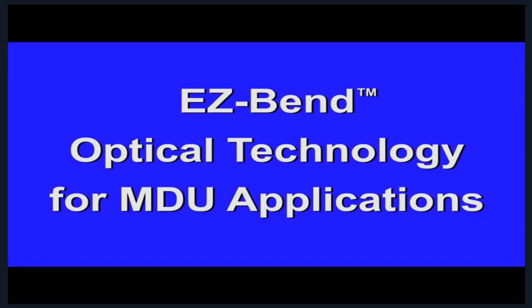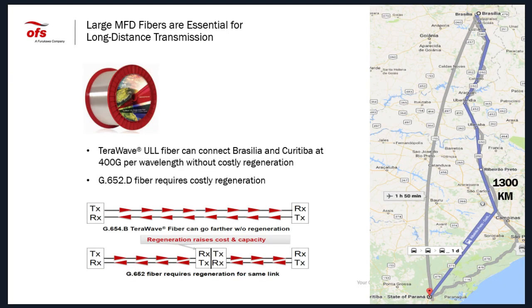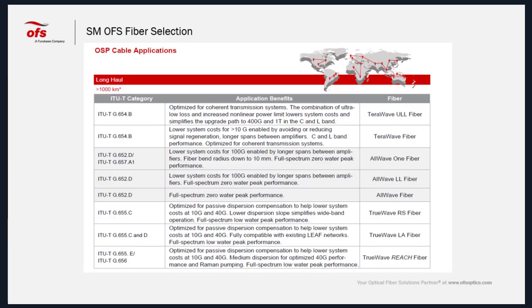So then, besides the standard single mode optical fiber and the bend insensitive fiber, we have different kinds of fiber selection depending on the application, of course, because we need to select the right fiber for your application.